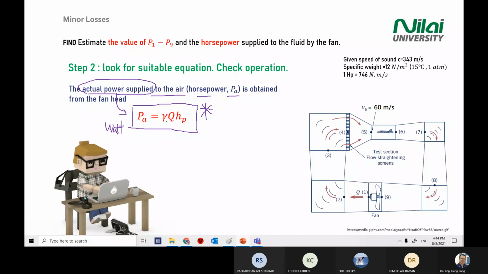This is gamma, specific weight, or you can call it specific gravity. Q is the volume flow rate.